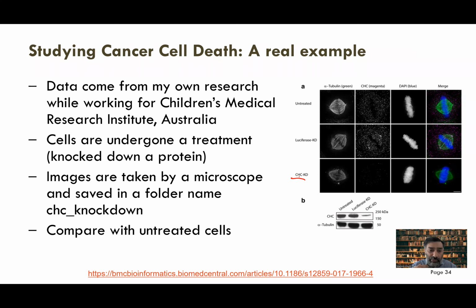If you take that protein or that gene away from your cancer cell, then the cancer cell will likely die. To show that, you do this experiment, and we calculated the DNA and the spindles, and we show the efficacy of this experimental process. I've got these images uploaded, and people watching on YouTube can get the images from this article as well.